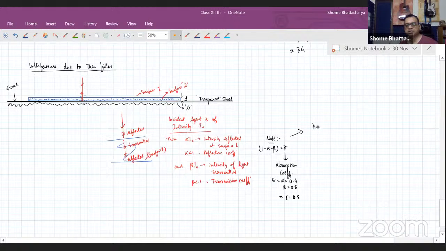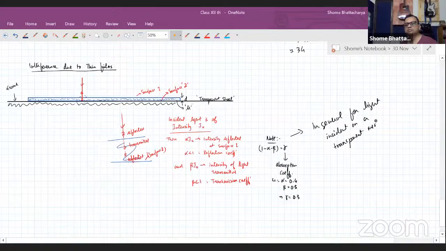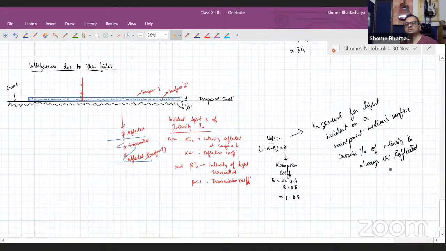So basically, in general, for light incident on a transparent medium surface, a certain percentage of intensity is always reflected, transmitted, and also absorbed.